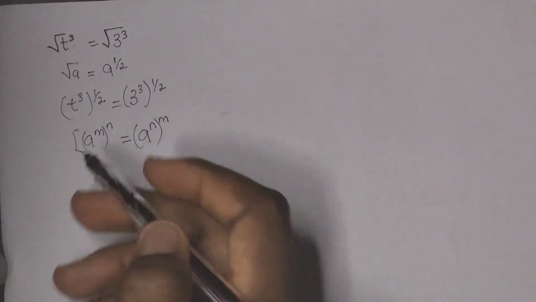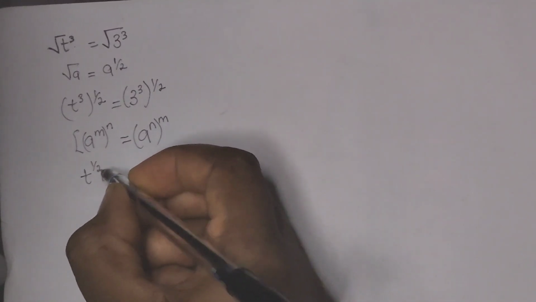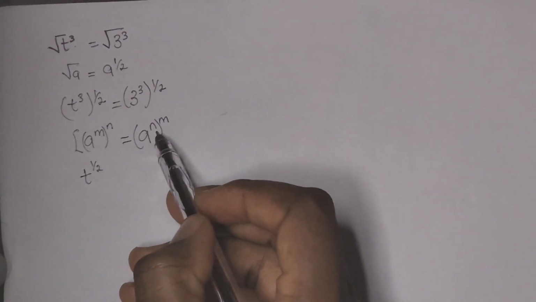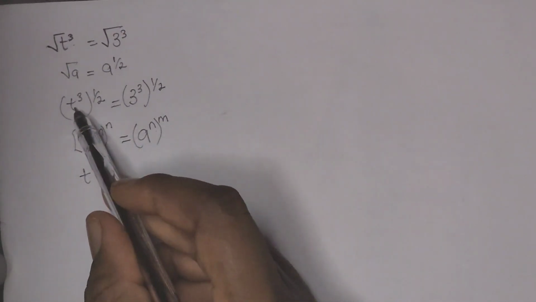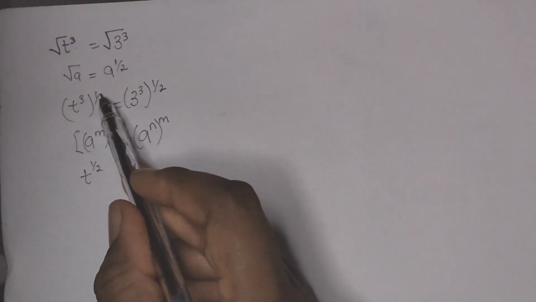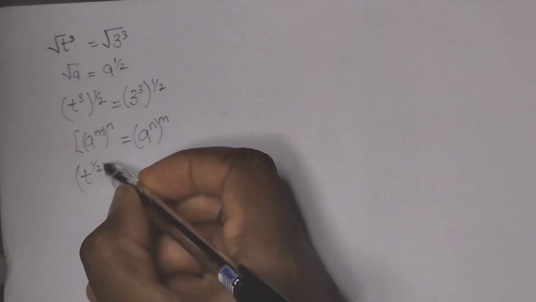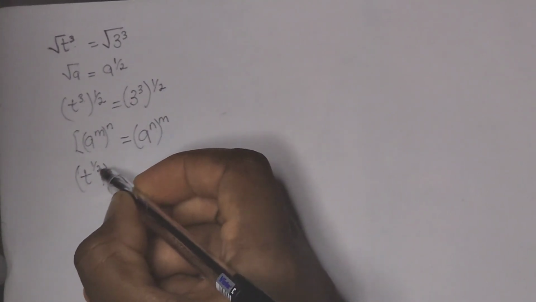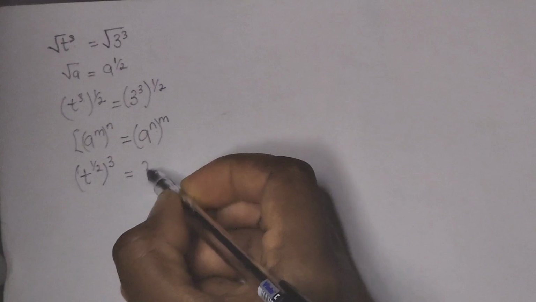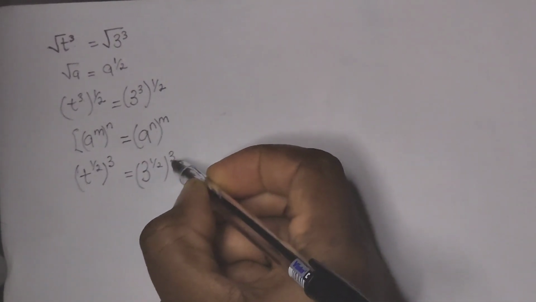It will then give us t to the power of half further raised to the power 3 equal to 3 to the power half further raised to the power 3.